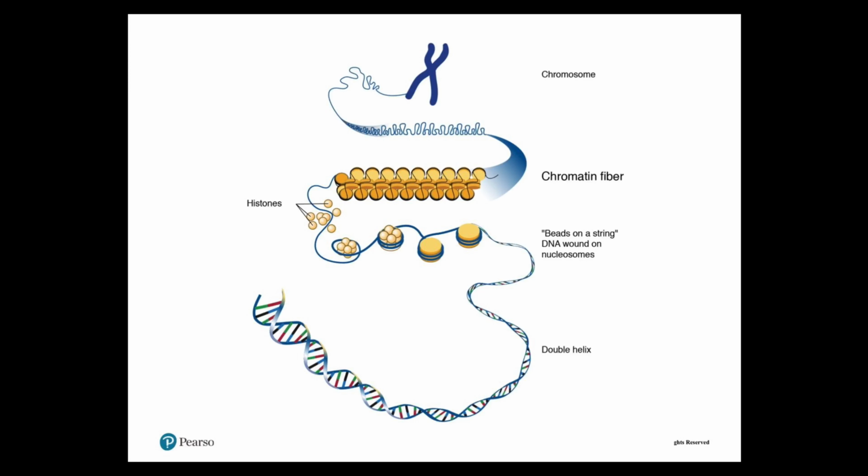Okay, so chromosomes are made up of the double helix, and it's wrapped around these beads of nucleosomes. It's wrapped around twice, in fact. Every DNA strand is wrapped around twice, and so the whole thing is called the nucleosome, and then that forms the chromatin fiber, and once it's really coiled and packed, it's a chromosome.